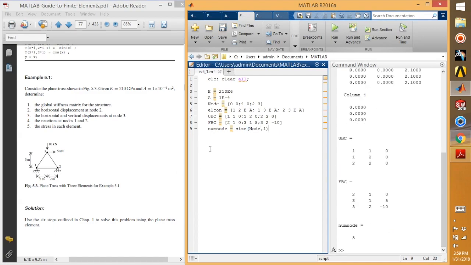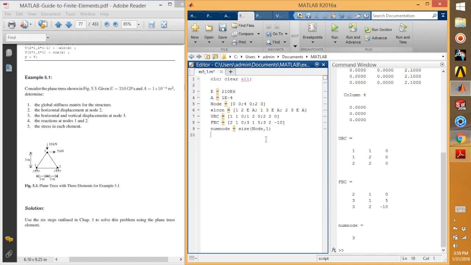It takes the size of the node array, so we are getting 3 as the number of nodes. Next we have number of elements, which is related to element connectivity. It will give the number of elements. So we have 3 elements and 3 nodes.